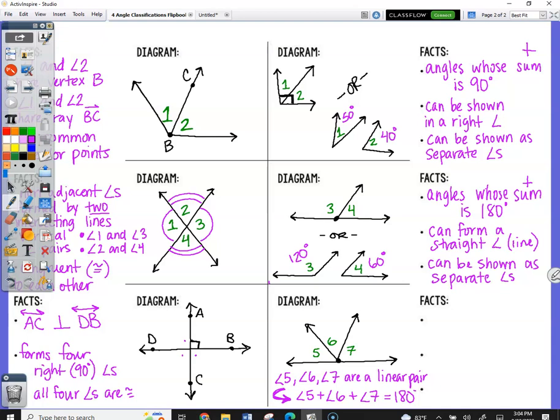Now, we do have 3 facts. Fact 1 is just the definition.